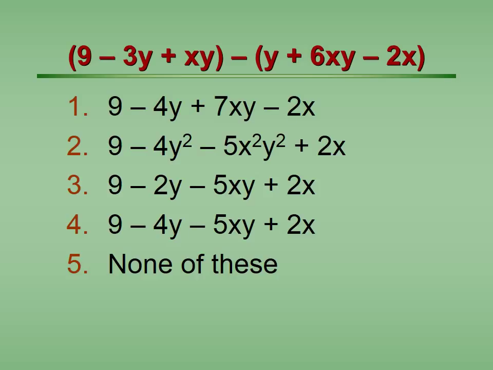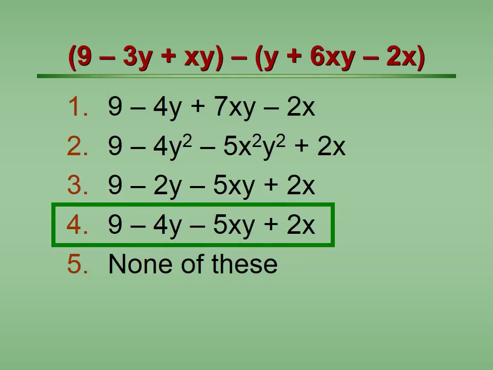So I have this over here, so xy minus 6xy is going to become negative 5xy. So it looks like that's going to be option 3 or option 4. So my next term that I have by itself is this minus negative 2x, which leaves me plus 2x, which gives me option 4.